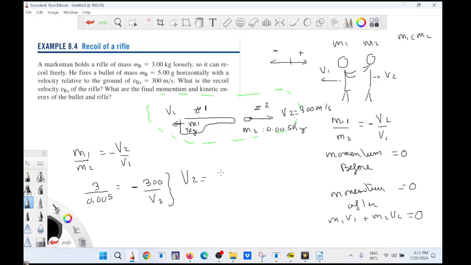So you cross multiply and divide, so 300 times 0.005 over 3. So it's going to be 0.5 meter per second. Negative meaning that if this is going to the right, this one will be moving to the left. It's a vector.